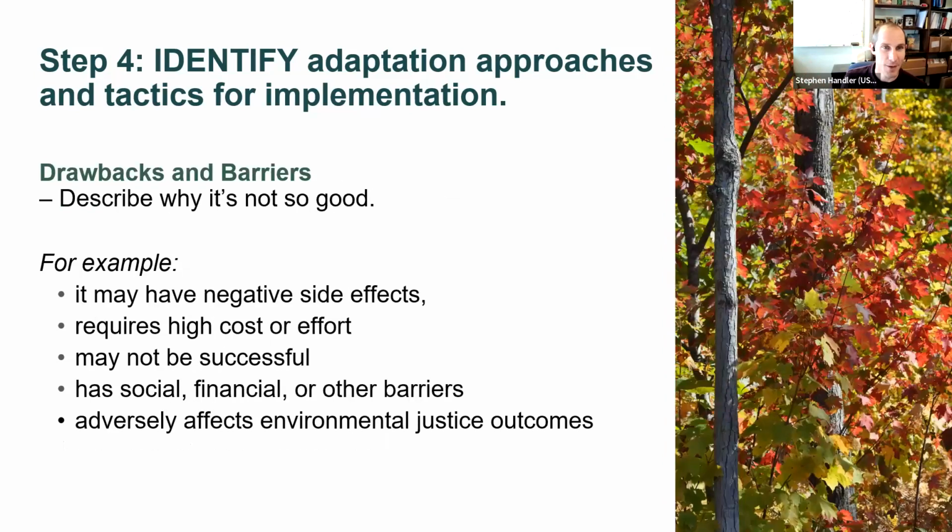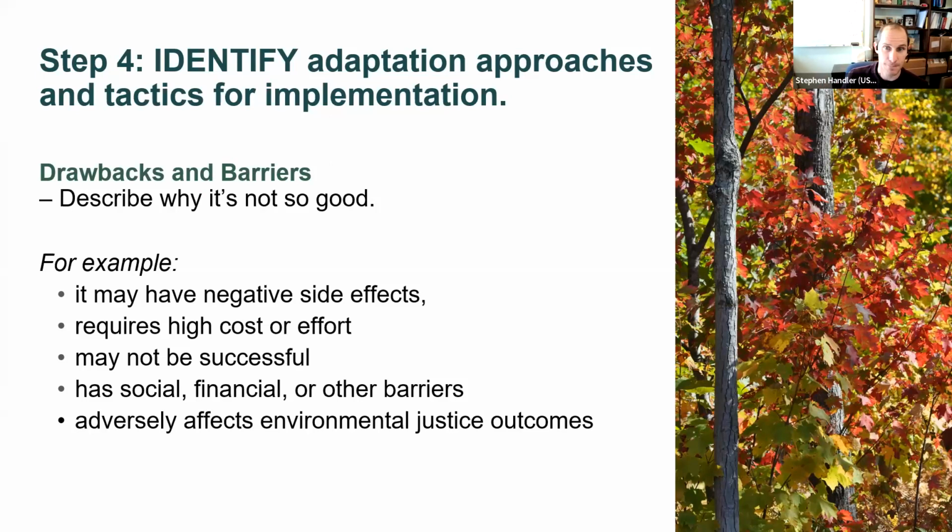On the flip side, we ask you to think about potential drawbacks and barriers associated with any of the adaptation tactics that you're brainstorming. And so this is a chance to document which things might be very costly, which things might involve a learning curve, which things might put you in conflict with other goals or outcomes, or that have trade-offs associated with them.